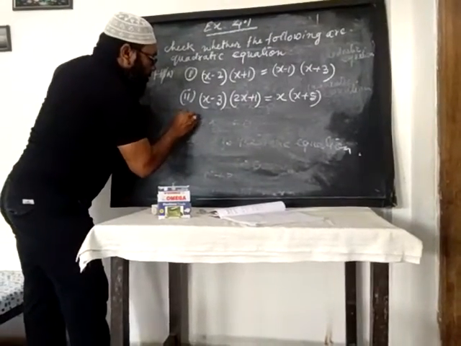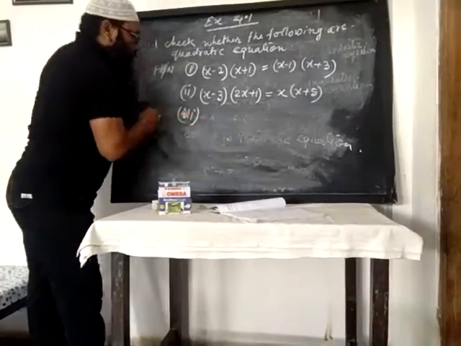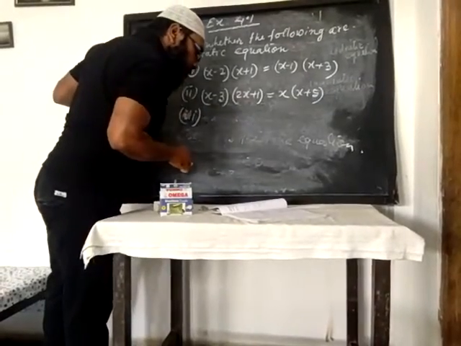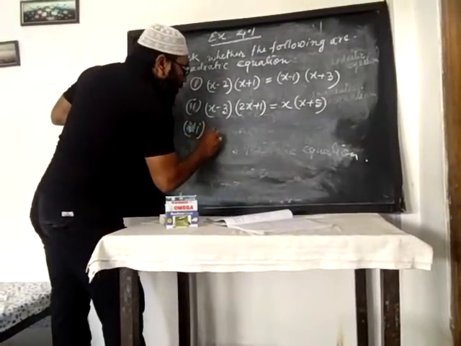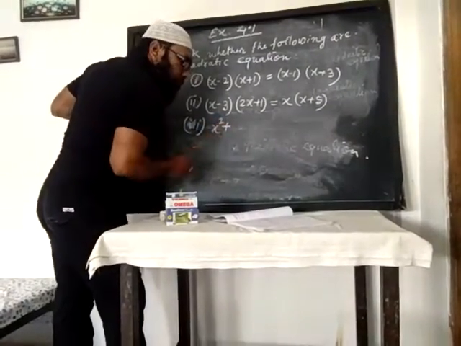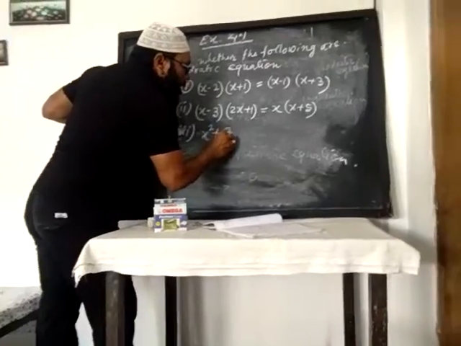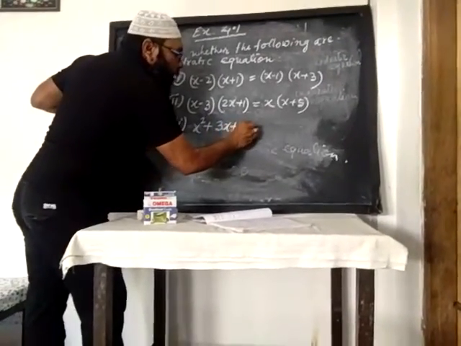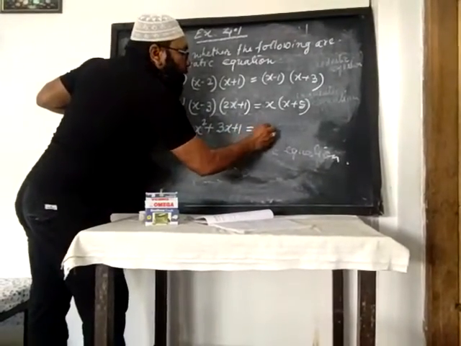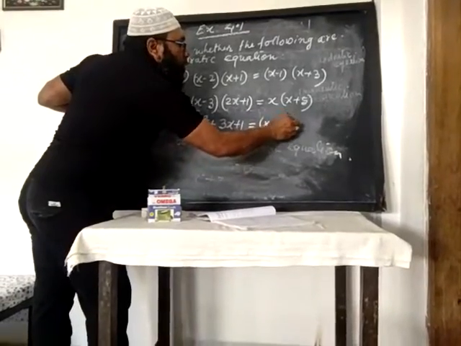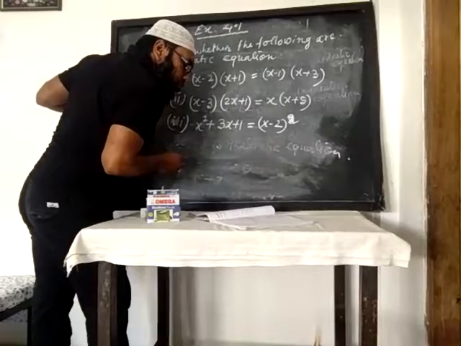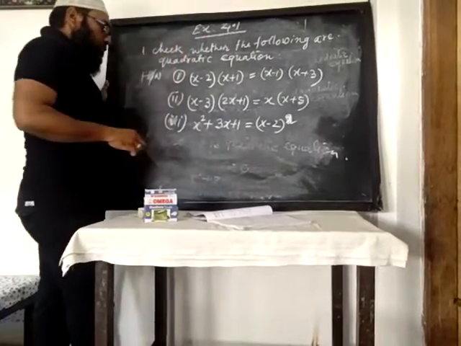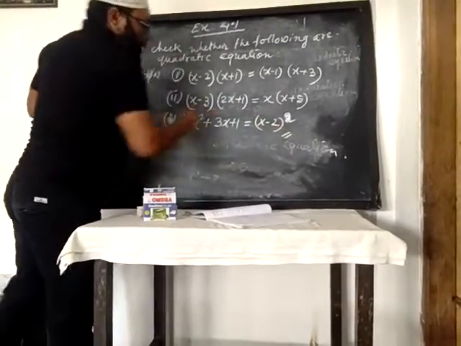And 3x squared plus 3x plus 1 equals x minus 2 whole square.